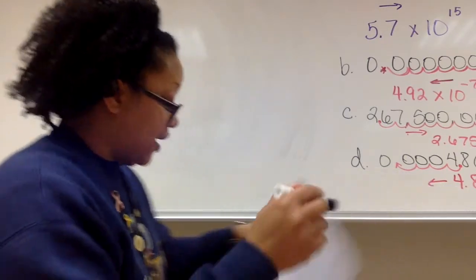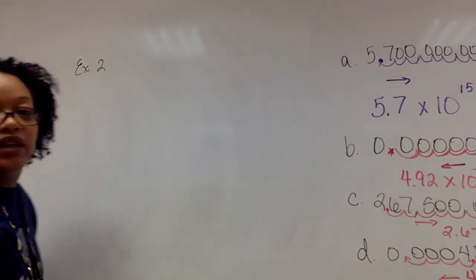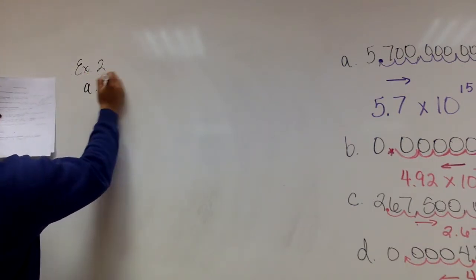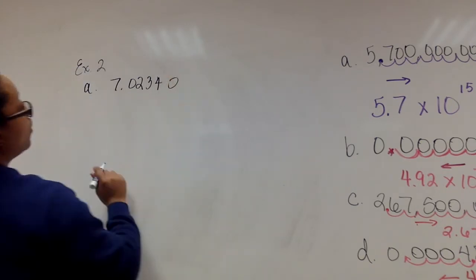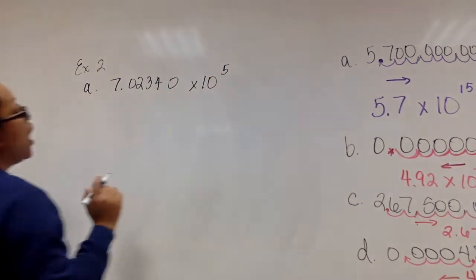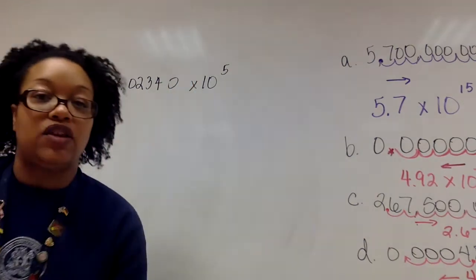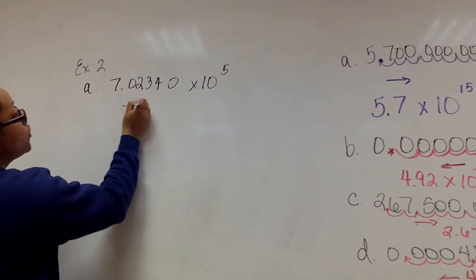So let's look at example 2. Can you see? Yes. So letter A says you have 7.02340. That's your C, times 10 to the 5th. All right. That 5 tells you how many you're going to count. It's a positive number, so you're going to count to the right.